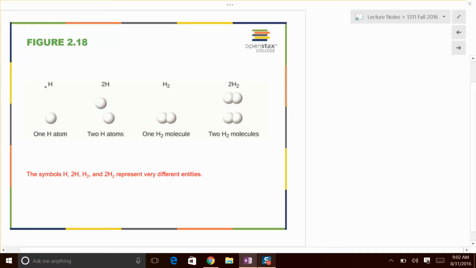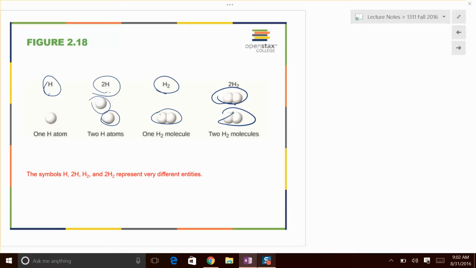Here they're saying this represents a single hydrogen atom. This would represent two hydrogen atoms that are not bonded. But if you say H2, that means the hydrogens are bonded together, one hydrogen bonded to another. That's the difference in the notation here. Two H2s means I have two hydrogen molecules, so a total of 4 hydrogen atoms in 2 hydrogen molecules.